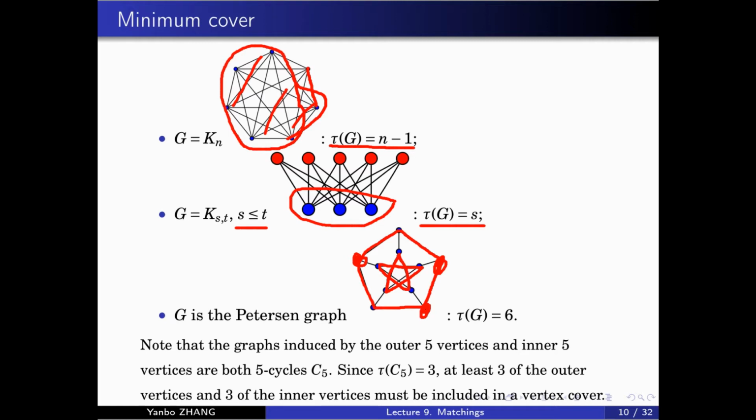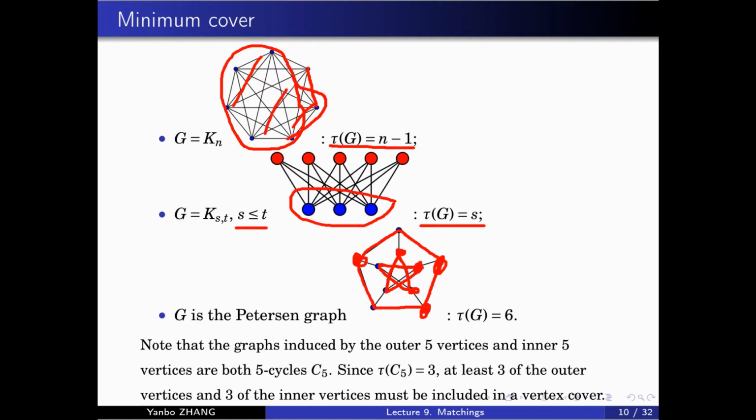Also, to cover the 5 edges in the inner C5, we need at least 3 vertices. So we need a total of 6 vertices to cover all the edges of the Petersen graph.